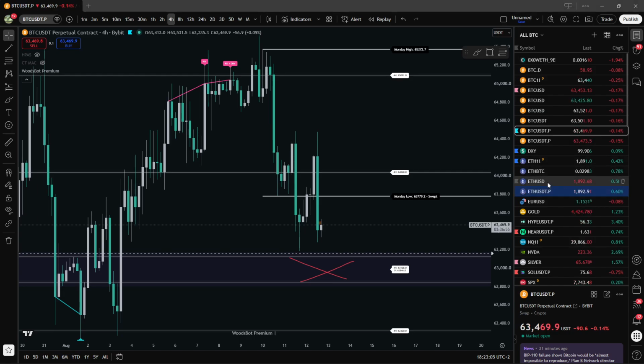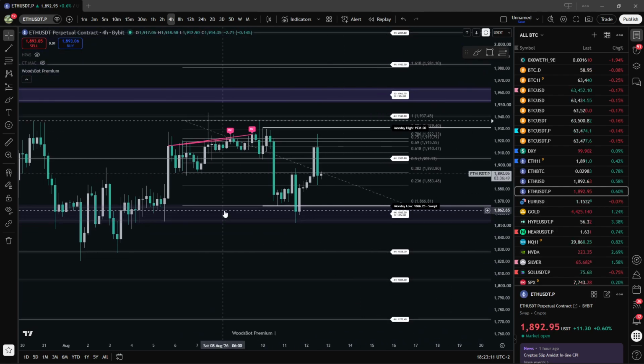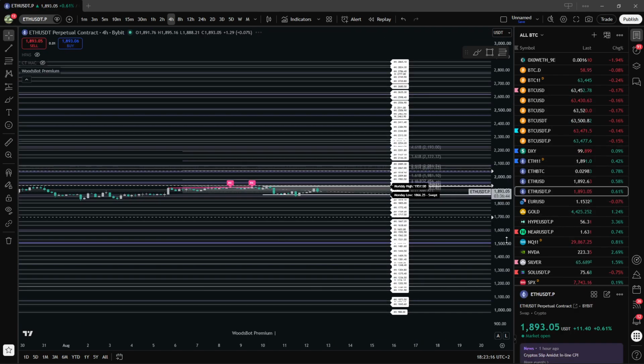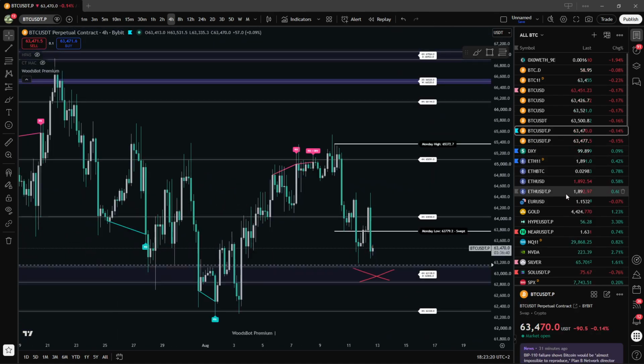Other than that, I think Ethereum is pretty much the same thing as Bitcoin, to be honest. I guess actually it does look stronger than Bitcoin, so it's not the same thing.